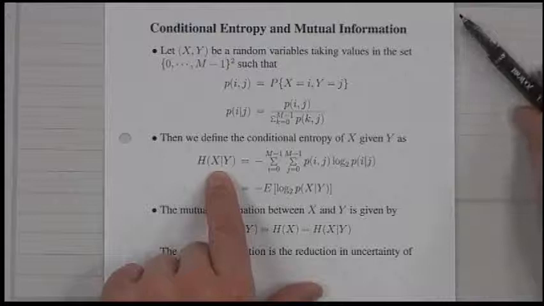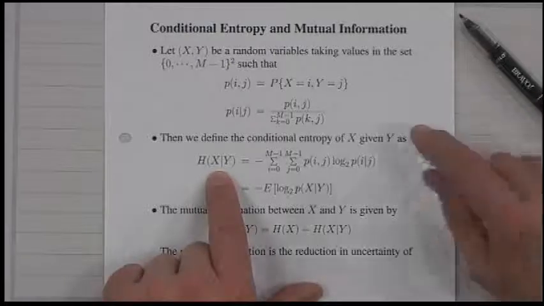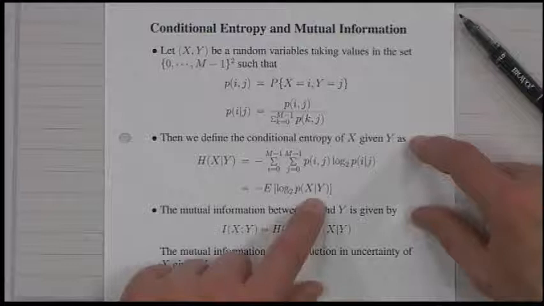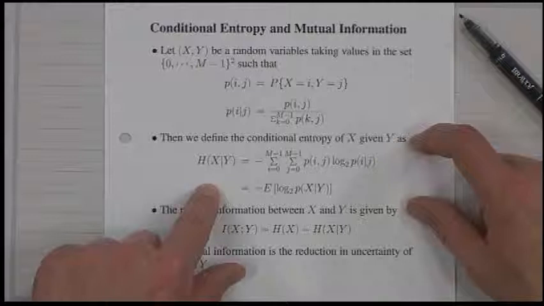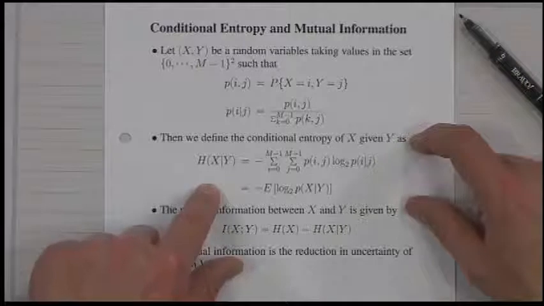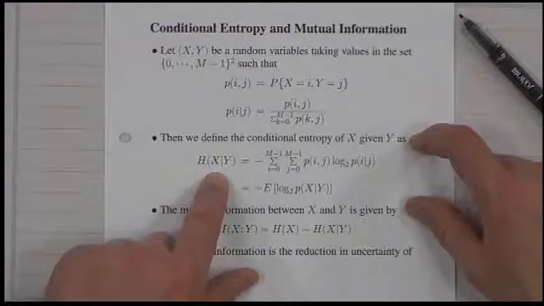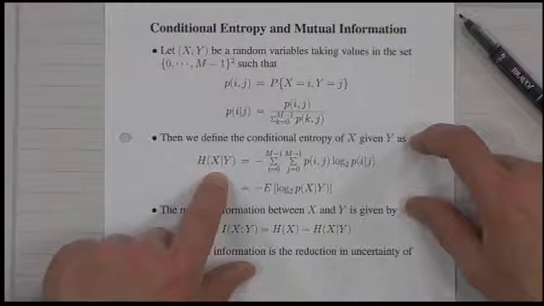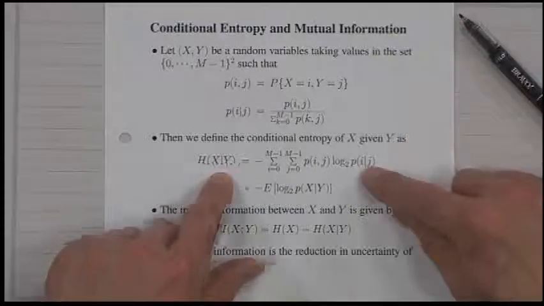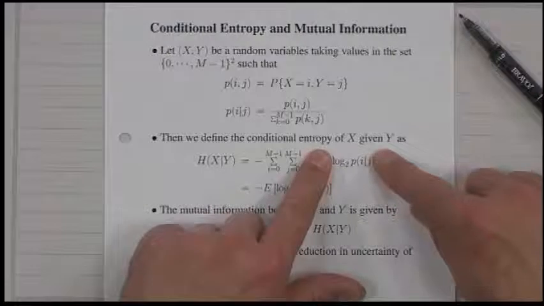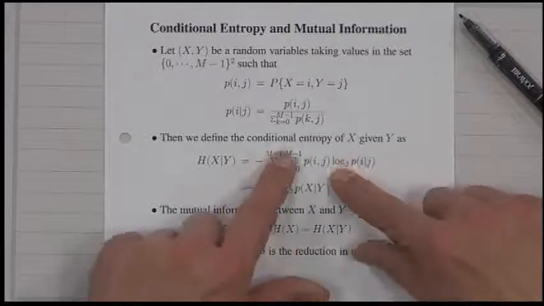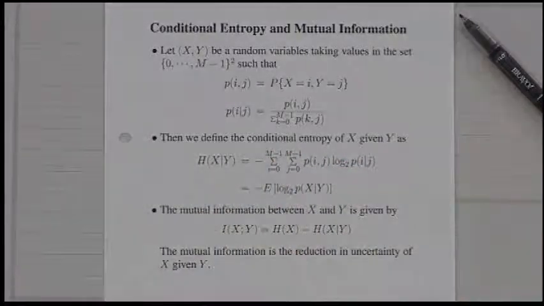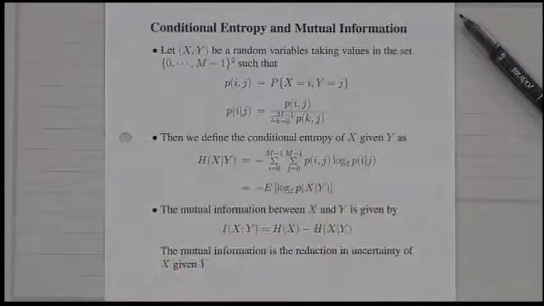For two random variables, x and y, both discrete, say. And then what you can do is take the expectation over all values of y. And that's the conditional entropy. So it's the average amount of entropy that x has given knowledge of y. So I'm taking the log of the conditional probability of x given y, and I'm taking the expectation over x and y. Well, actually, I'm taking the negative log.